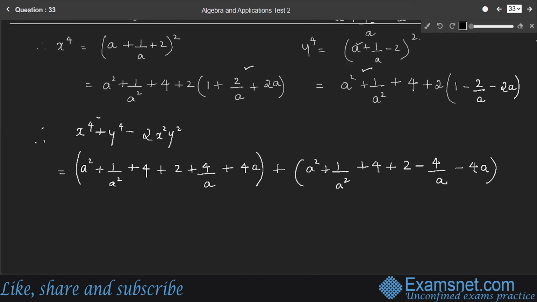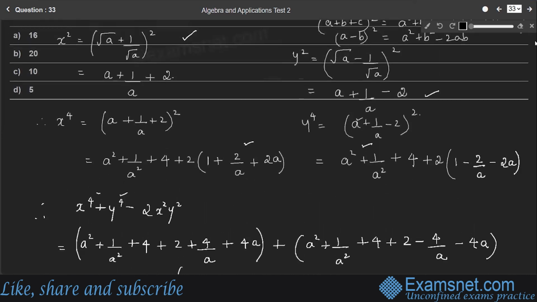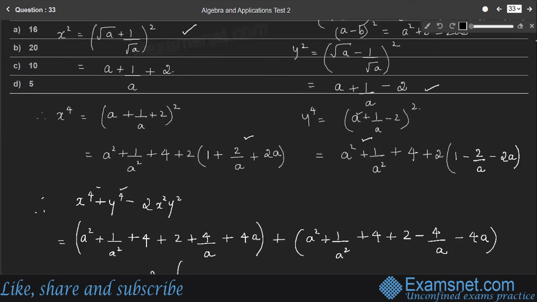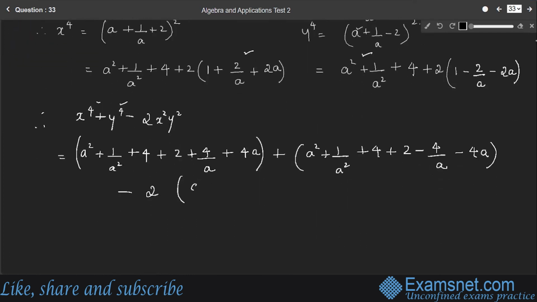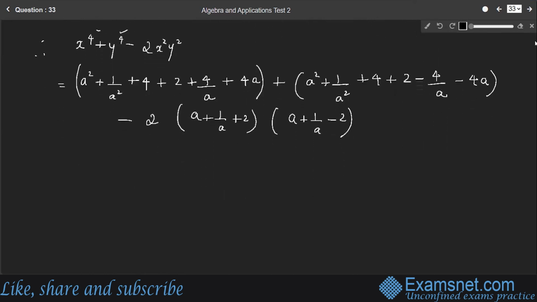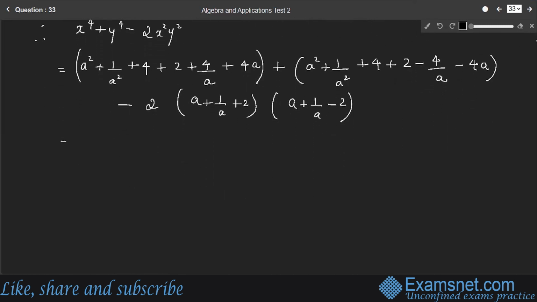So, x raised to 4 plus y raised to 4 minus 2 times x square into y square. Let us write the x square and y square values: a plus 1 by a plus 2 is x square, and a plus 1 by a minus 2 is y square. So, still you can simplify.